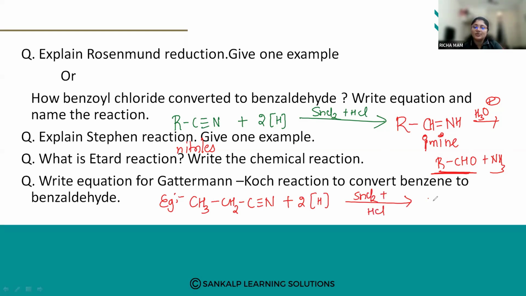I'm going to get CH3, CH2, CH double bond NH. On further acid hydrolysis, I'm going to get CH3, CH2, CHO plus NH3. I'm going to get propanal. So this is the Stephen reaction.